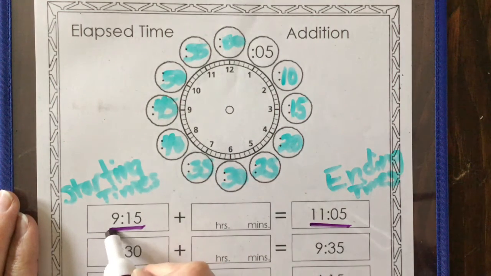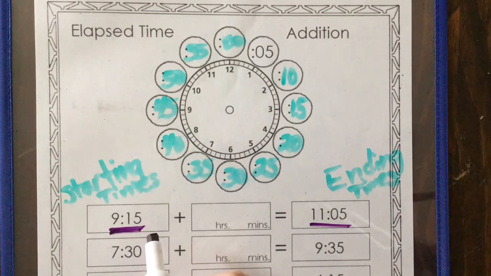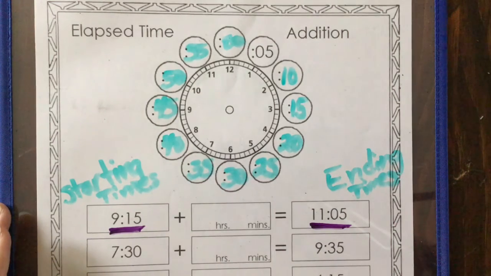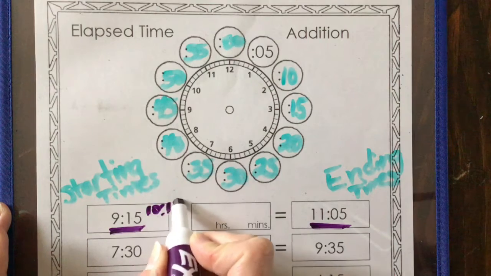Okay, so let's look at our starting time, and I'm going to add hours first, without going over or past my ending time. So if I add one more hour onto 9:15, I would be at 10:15.